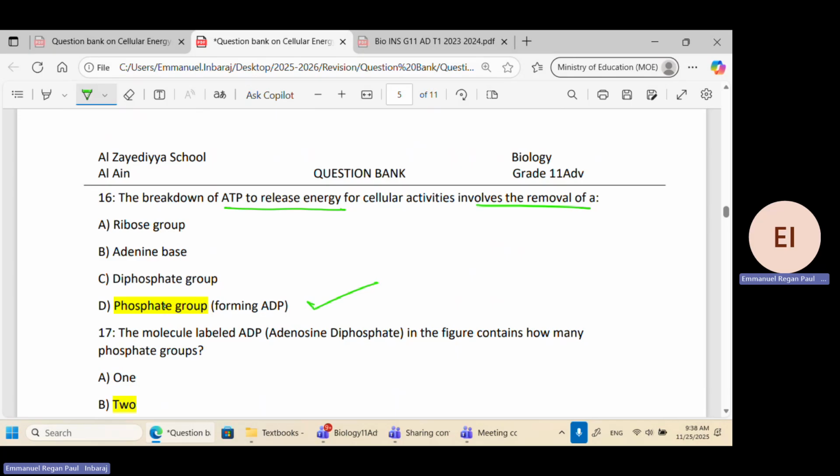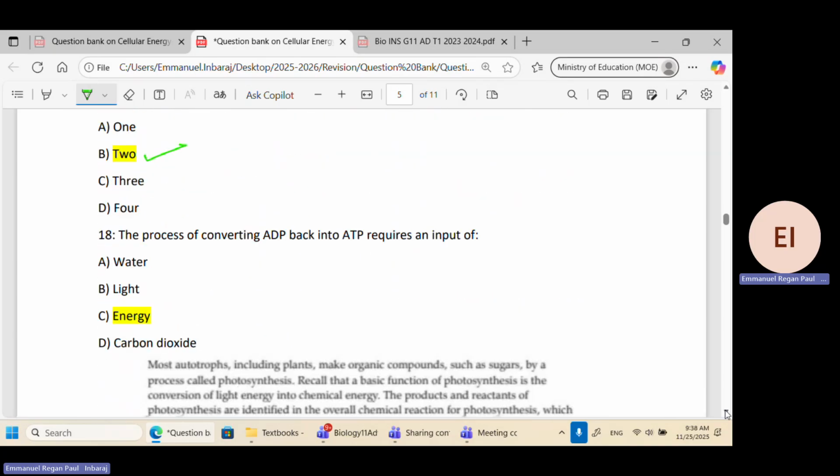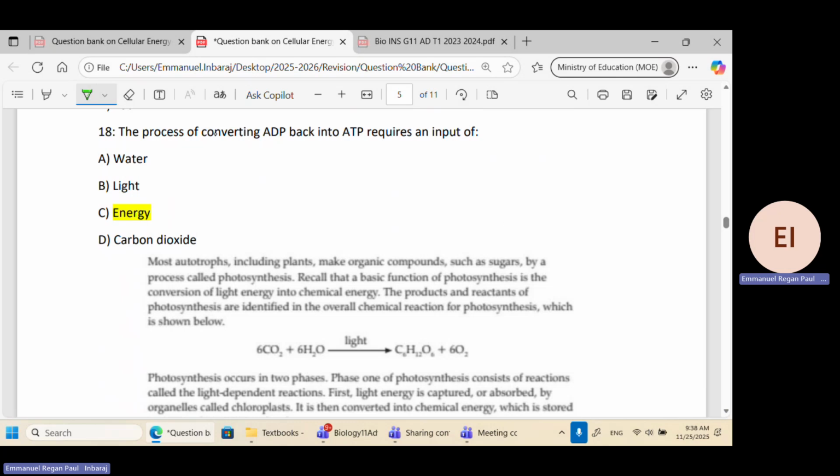So one P is getting removed. So that is the phosphate group. The molecule ADP, how many phosphate groups do they have? They have two phosphate groups. The process of converting ADP back to ATP requires the input of energy.